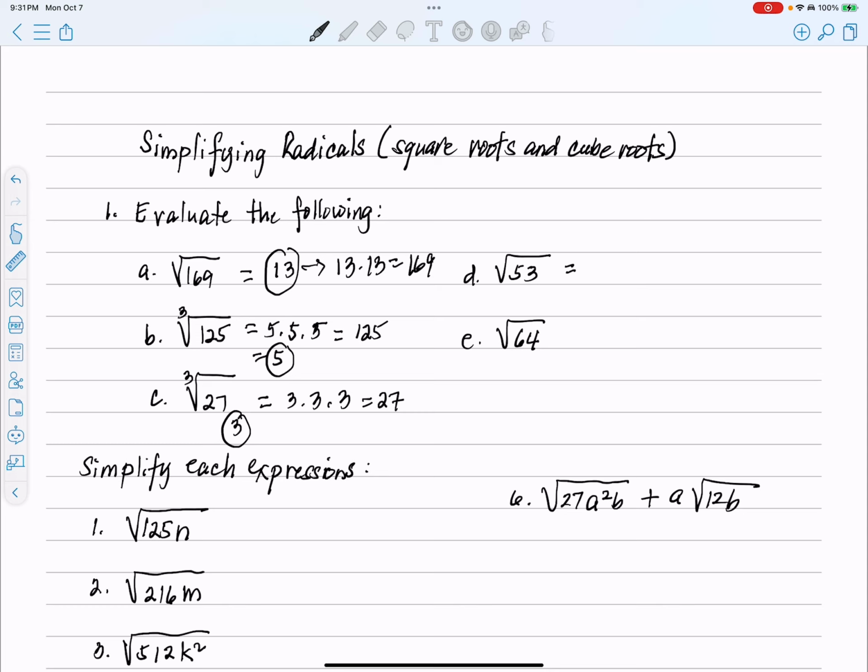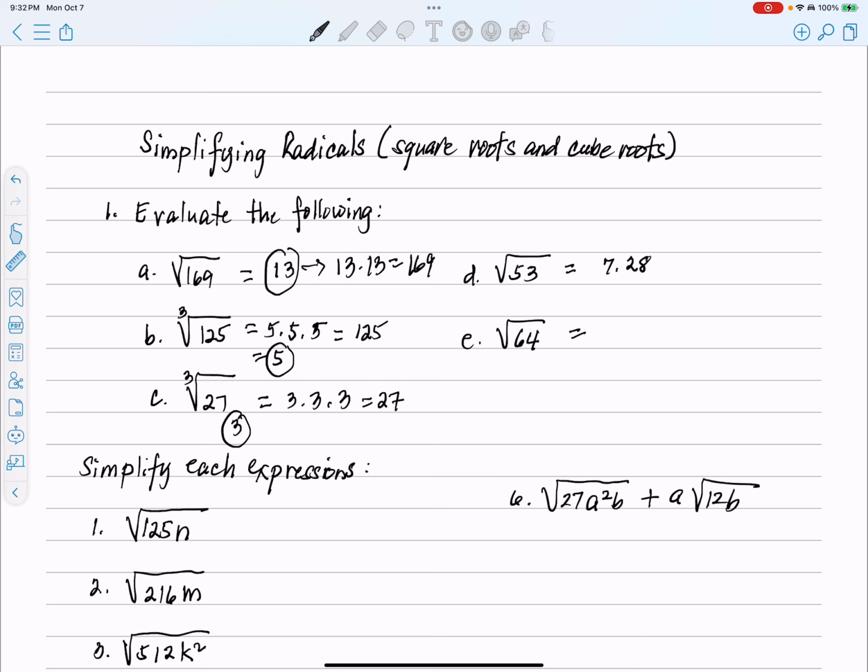That means 53 is not a perfect square. So, what is the square root of 53? We get the calculator and get the square root, and that's equal to 7.28.